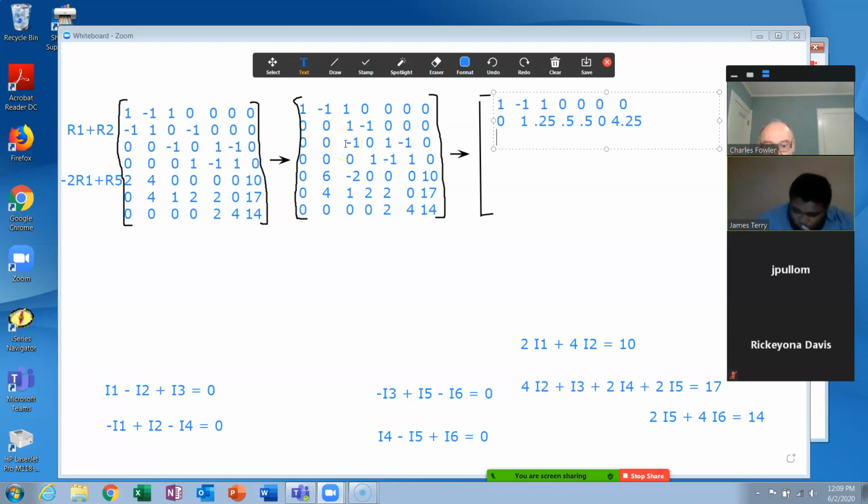So that's going to be a 0, blank, blank, blank, 0, blank, blank, blank, 1, blank, blank, -1, blank, rest are 0, 0, blank, blank, 0, blank, blank, blank, 0. Okay. So the old row 2 became the new row 3.